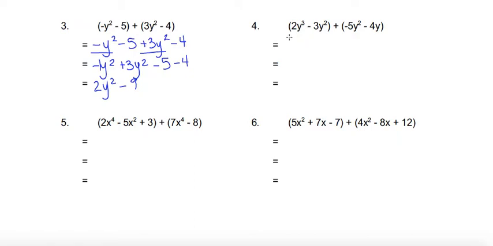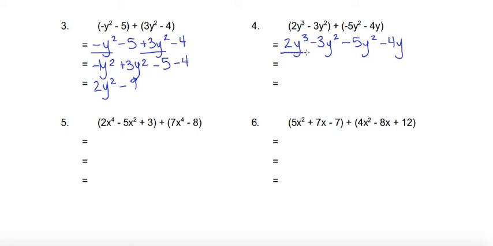Moving on, example 4. Rewrite it without your brackets. 2y cubed minus 3y squared. Take away 5y squared. Take away 4y. So I'm going to combine or collect my like terms. I'm starting with the largest exponent.